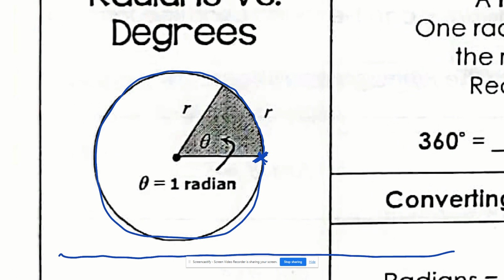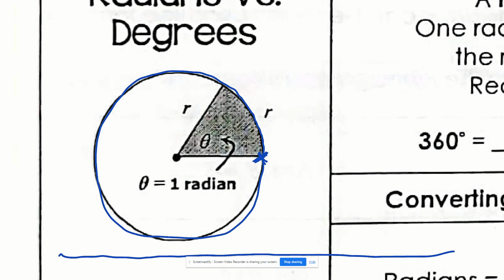And there were two good measurements for circumference that we talked about. We talked about pi d, pi times the diameter. But the one that I think we say the most, we say what? 2 pi r, right? We say 2 pi r. Are y'all familiar with that, or am I speaking another language right now? 2 pi r.